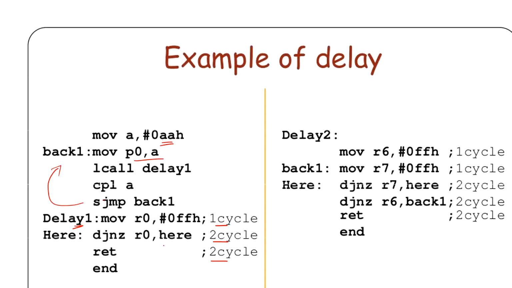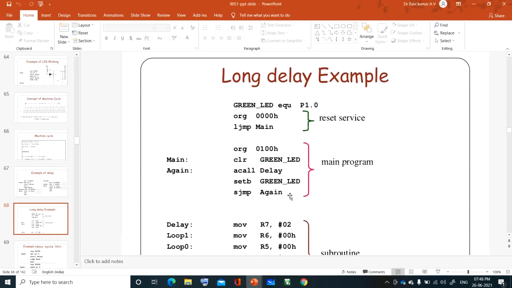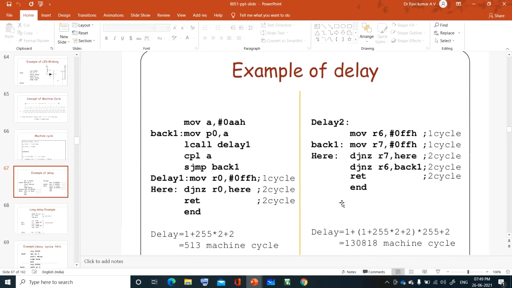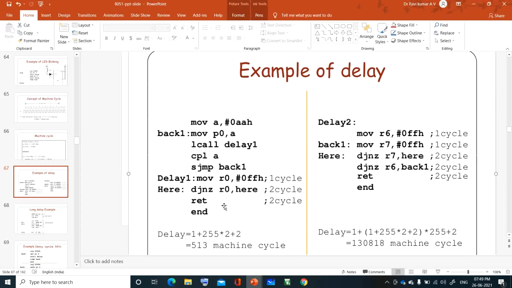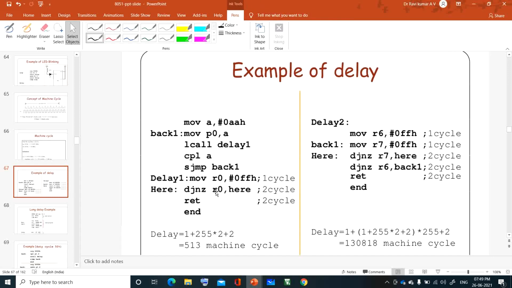Here you can see the MOV instruction, R0 is FF, that in decimal is 255. FF is 255.